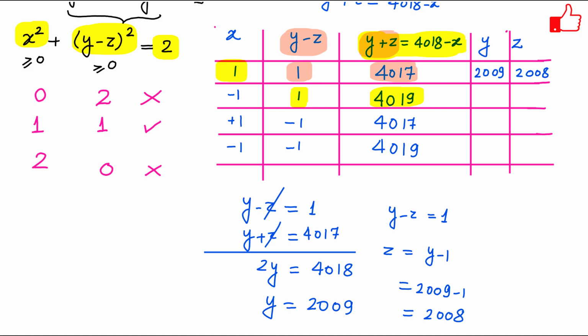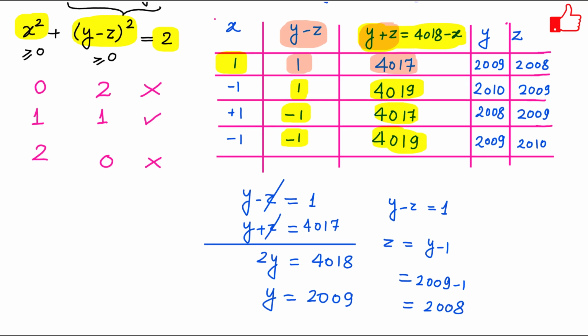Now similarly you can solve for all the cases, because in each case you know y − z and y + z. So you can form two equations and solve them. The solutions are: first, x = 1, y = 2009, z = 2008.